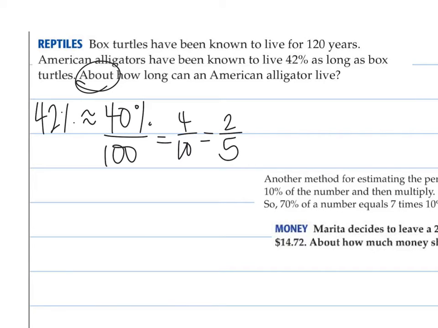So now I'm trying to find 2/5 of 120, and we're going to do that by multiplying. So then that would multiply to 240 over 5. Then I'm trying to see how many times 240 can be divided by 5. And I would figure out that that is 48.